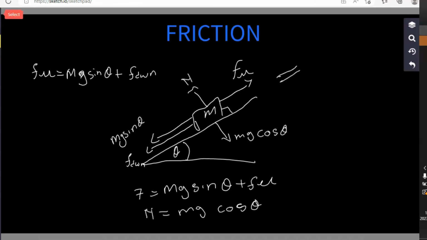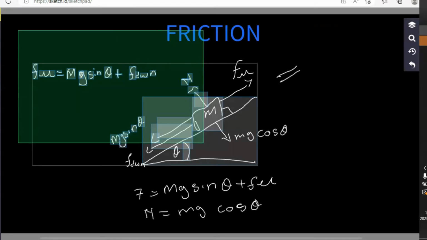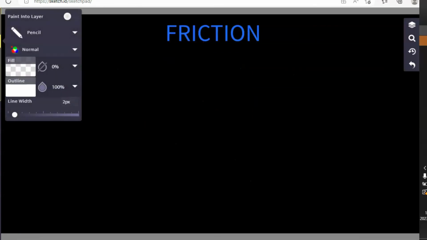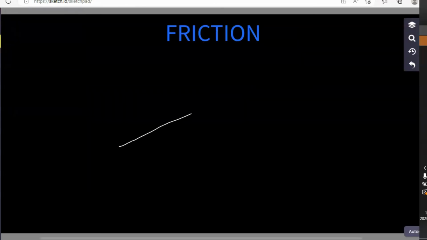So let's add something. We are having a slope again. This is theta. This is our block of mass m. By now we know that there will be this force, which is normal reaction.